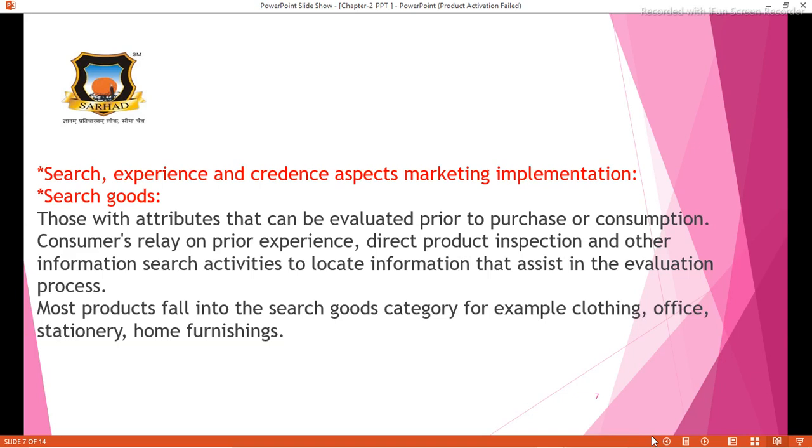The consumers rely on prior experience, direct product inspection and other information search activities to locate information that assists in the evaluation process. Most products fall into the search goods category, for example, clothing, office stationery, home furnishing, etc.